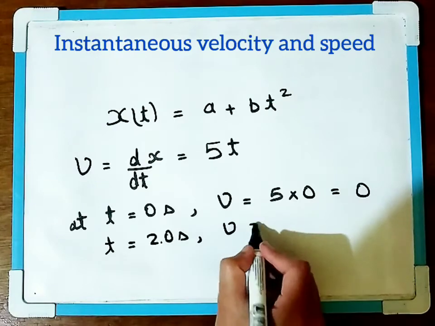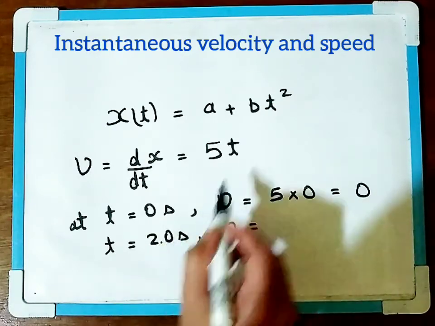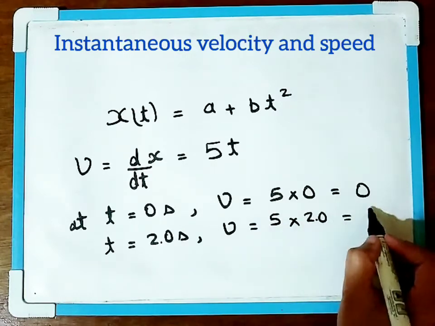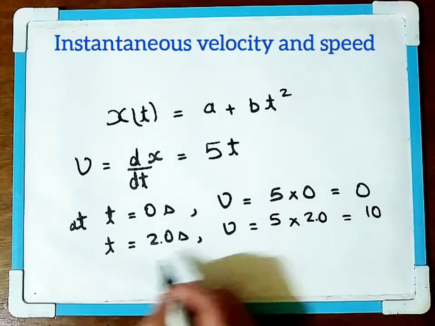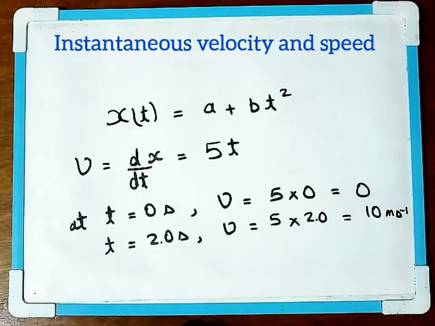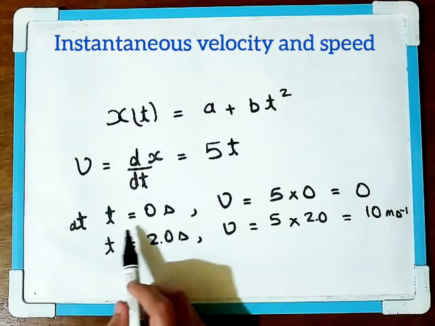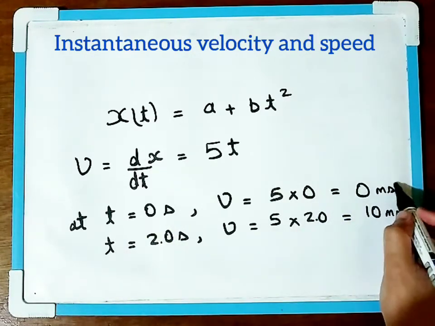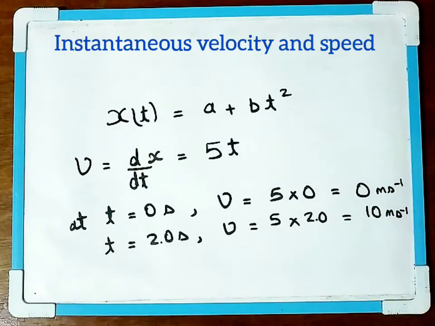Then again simply put your t here, so 5 into 2.0 will give you 10, so 10 meter per second. So for t equal to 0 second, v is equal to 0 meter per second, and for t equal to 2.0, v is equal to 10 meter per second. So this actually gives you the instantaneous velocity, the velocity at 0 and the velocity at 2 seconds.